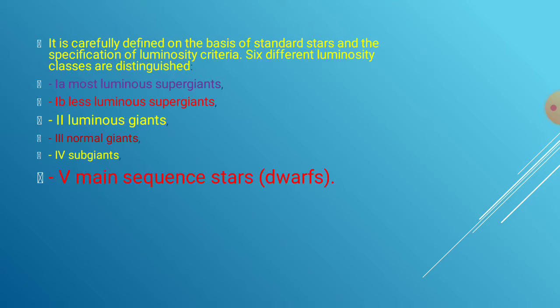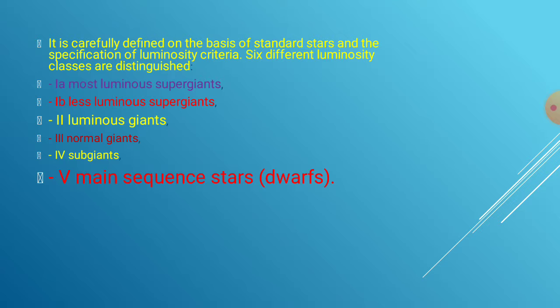Next, Yerkes' classification. In the previous video, we discussed the Harvard classification or Pickering classification. According to the Harvard classification, the stars can be classified into 7 or 9 main groups like O, B, A, F, like that, which are classified based on the strength of the hydrogen lines.